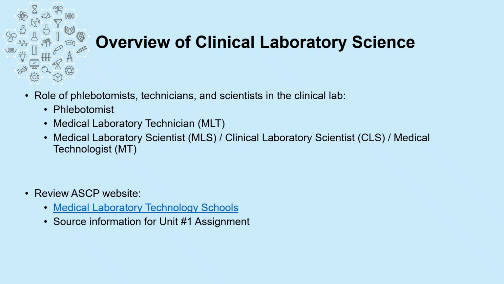Medical laboratory technicians are going to perform those analytical tests, and medical laboratory scientists, or MLSs, sometimes referred to as CLSs or medical technologists, are also going to do the analytical testing, possibly collect blood, transport, and receive samples, everything that an MLT and a phlebotomist will do. They just tend to go into more detail of the analytical scope of practice and testing that may be done in a clinical lab.